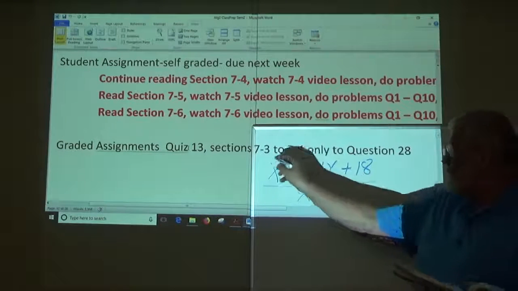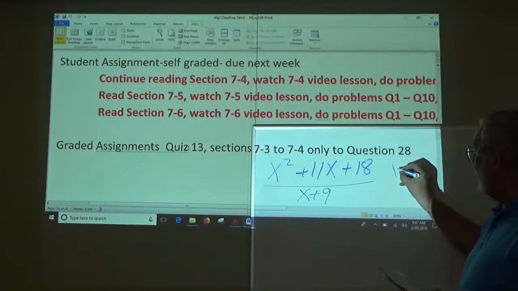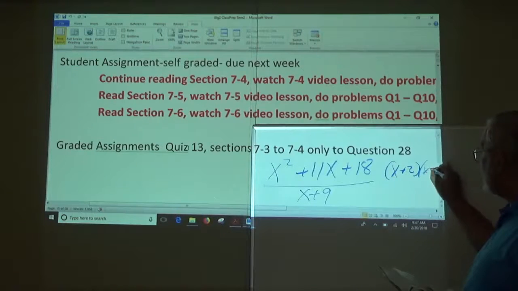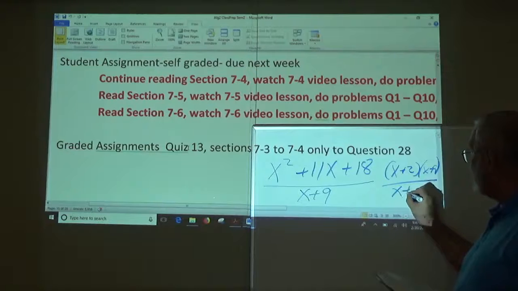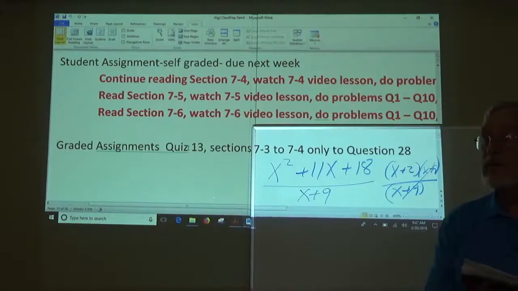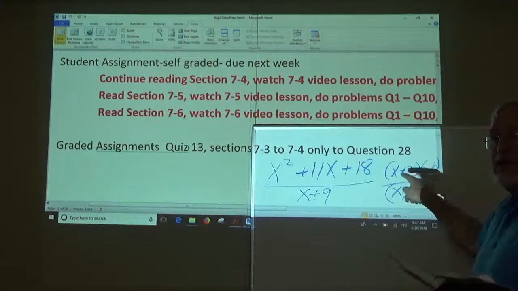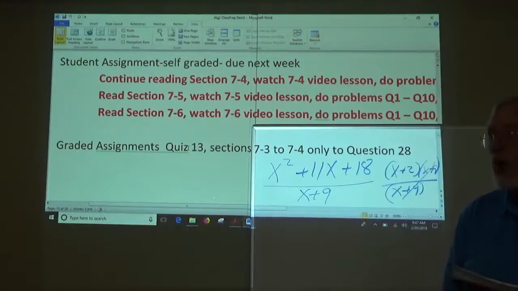So the first thing we have to do is factor the trinomial into x plus 2, x plus 9 over x plus 9. Okay? x cannot equal -9, but these two cancel out. And so that is going to be the equation x plus 2 with a hole at -9.